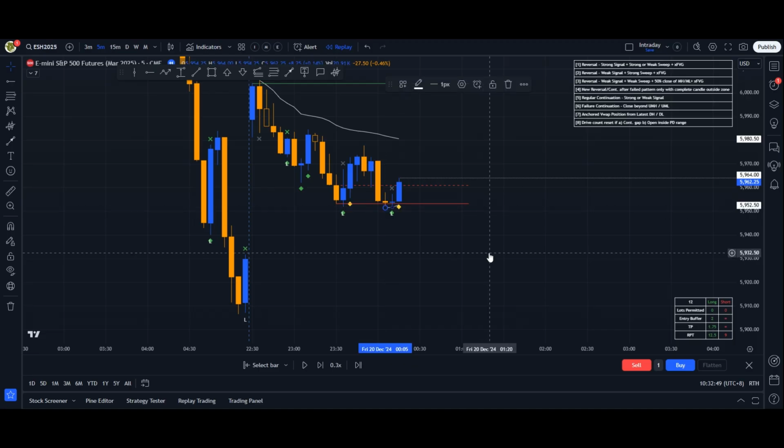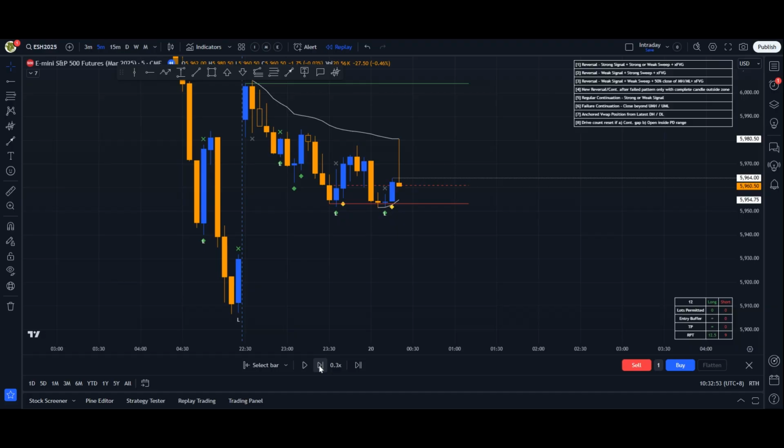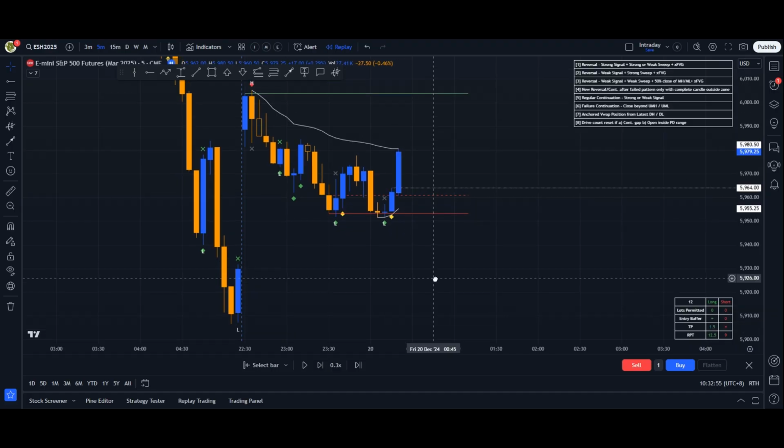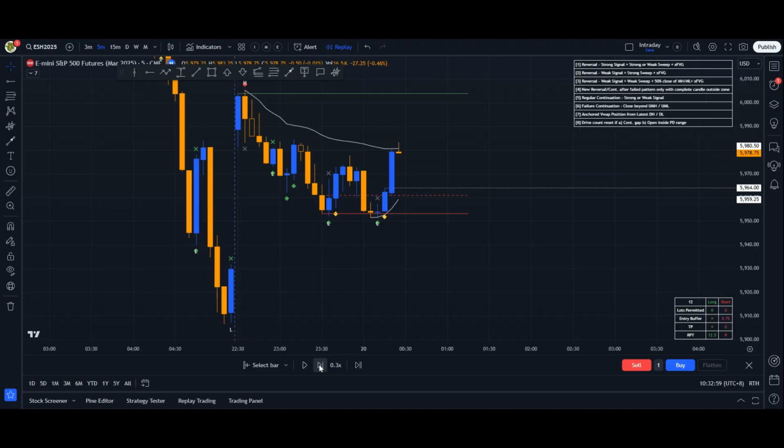This is where we would move our anchored VWAP, and this would have been a good trade because it reached our target pretty swiftly. Also, I don't think there would have been a problem with the fill because it also closed above this, right? So again, things to observe as we move along.